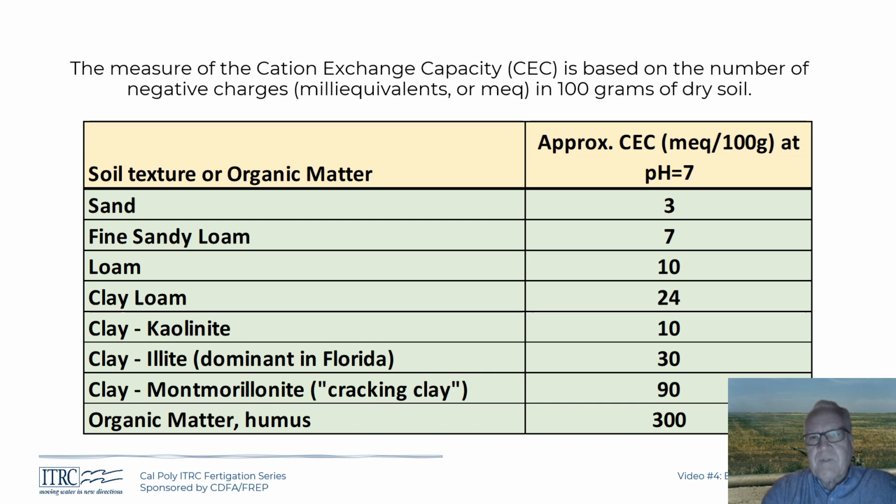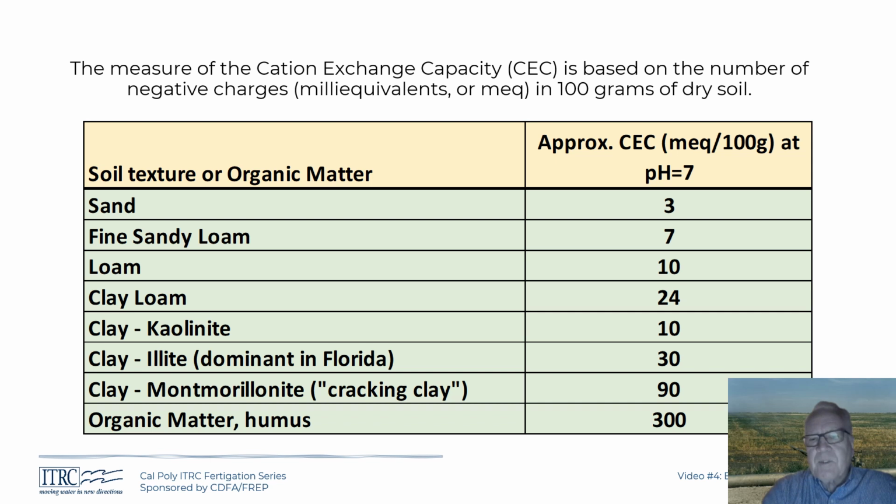This is very exciting, of course, but basically somehow it's the number of negative sites in the soil in a certain amount of soil, like 100 grams of dry soil, not wet soil. And the way we measure this is with milliequivalents, which has to be described later on, but that's some expression of charges.